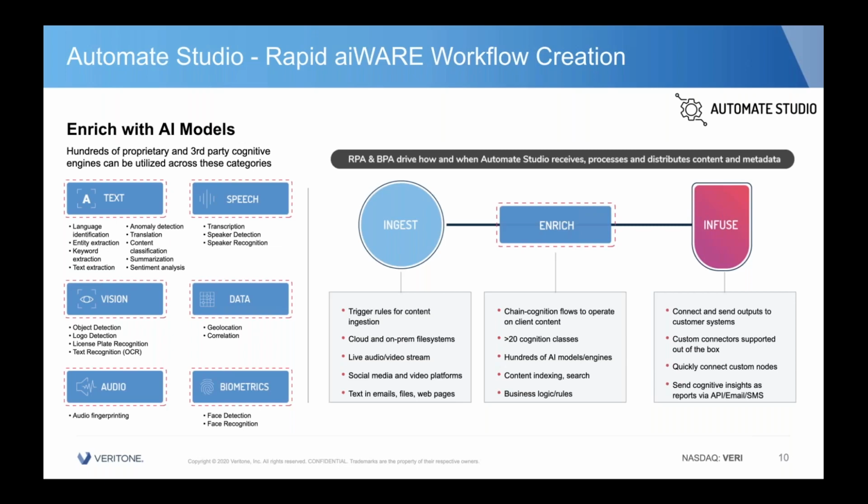If there's multiple different speakers, you might have to figure out which speakers are in which time slice and time stamp that to where the speakers are identified. And also face detection and recognition is another one here under biometrics. So whatever the need, this Automate Studio offering allows that workflow to occur of ingesting your content, enriching it, and then infusing it.